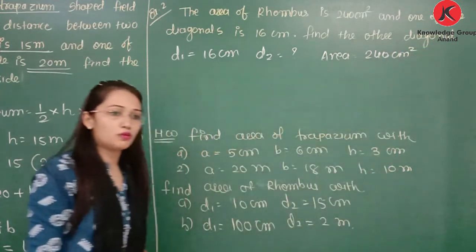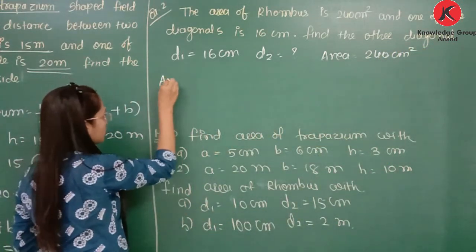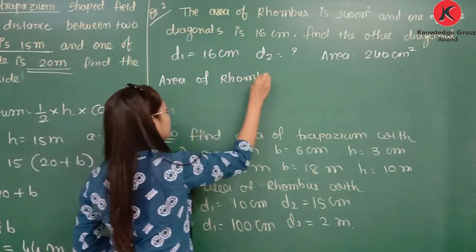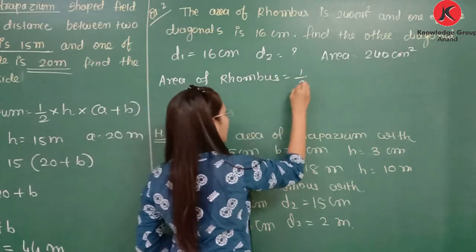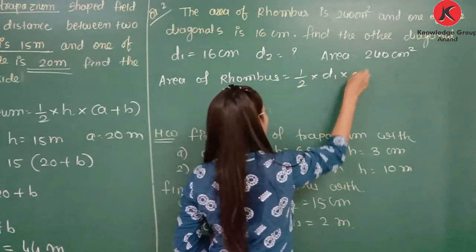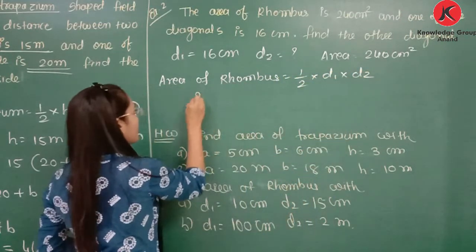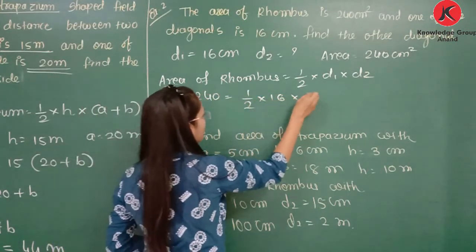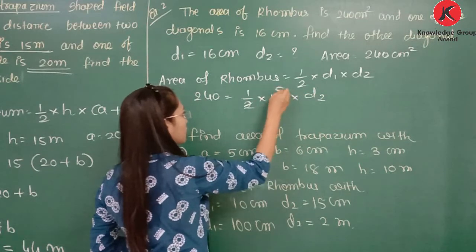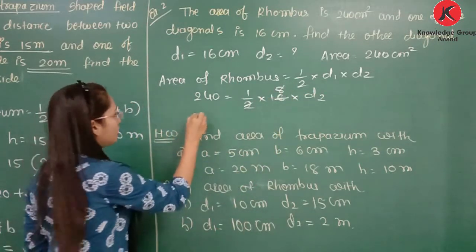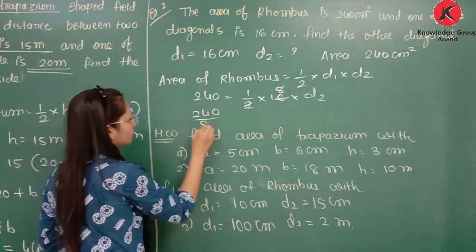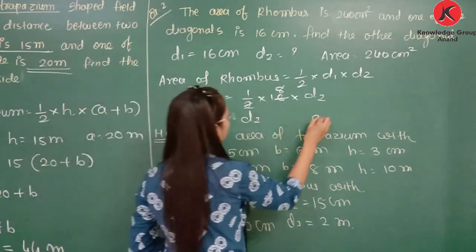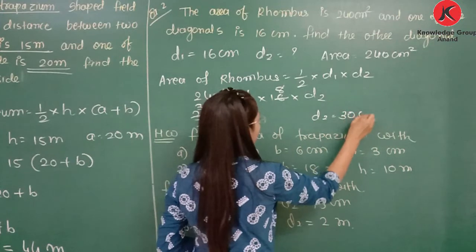So we will use the equation for the area of a rhombus, that is 1 by 2 d1 multiply d2. Area is 240. 1 by 2 d1 is 16, so 8. Now 8 in a divide. 30. So d2 is 30 centimeter.